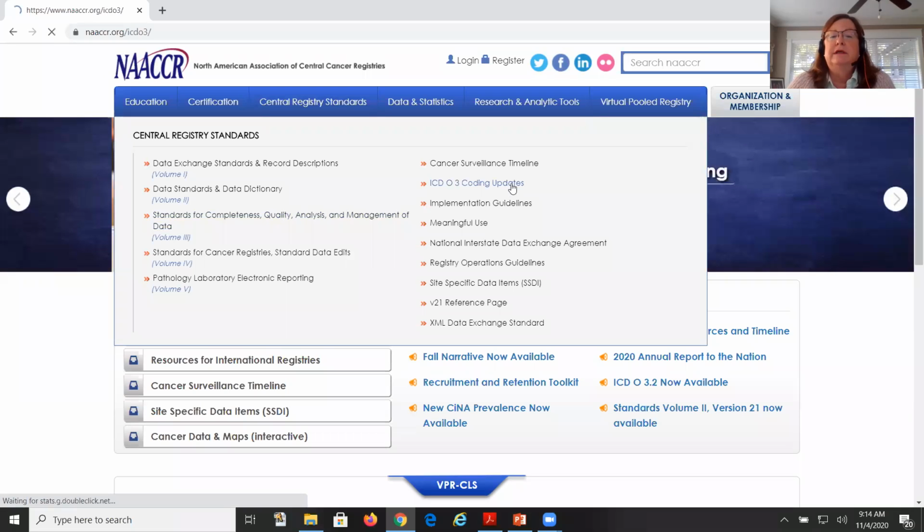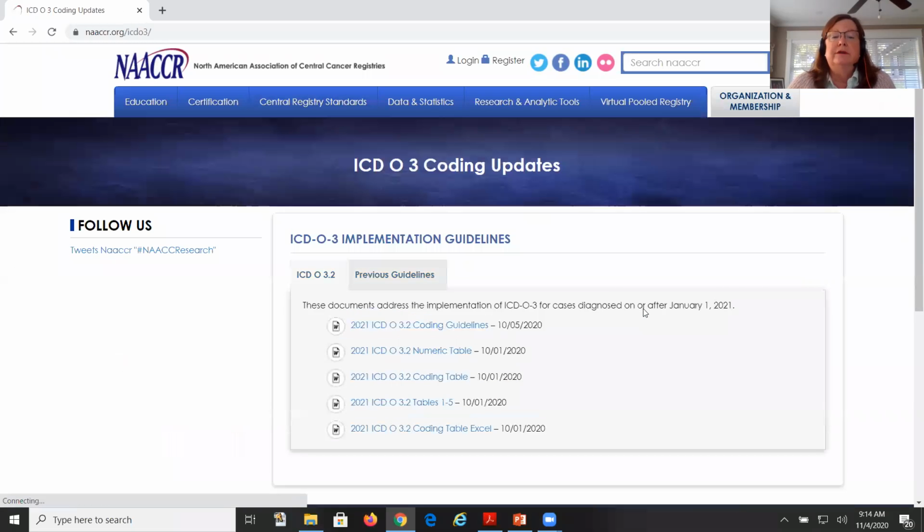ICD-O-3 Coding Updates. When you click on that, on the page there you will see two different tabs. One for ICD-O-3.2, which is what you will be using for diagnoses beginning in 2021.